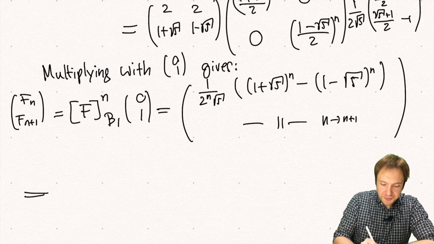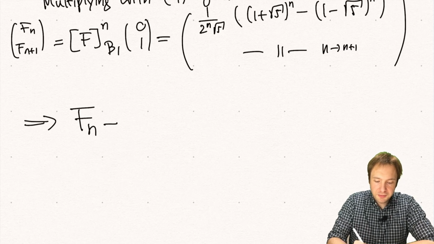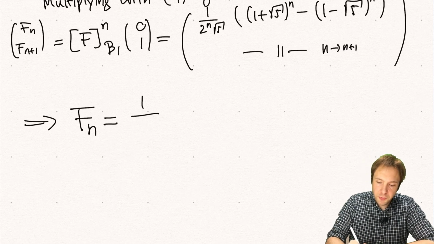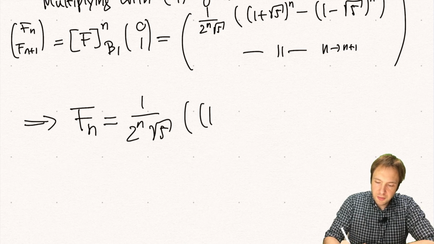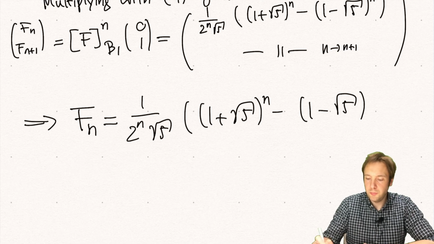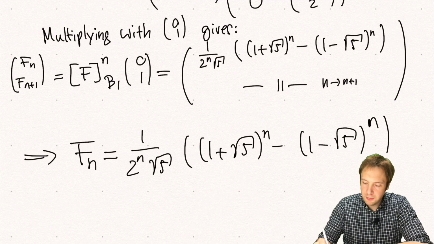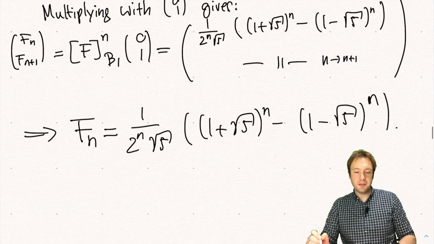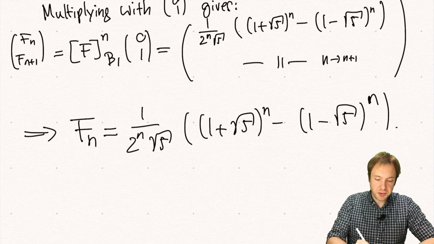So in other words, the number of pairs of bunnies after n months is 1 over 2 to the n times square root of 5, times (1 plus square root of 5) to the power of n, minus (1 minus square root of 5) to the power of n. And that's it. So we get an explicit formula for these so-called Fibonacci numbers.